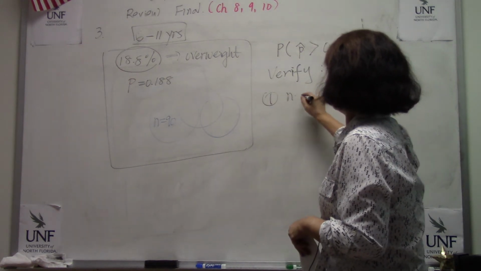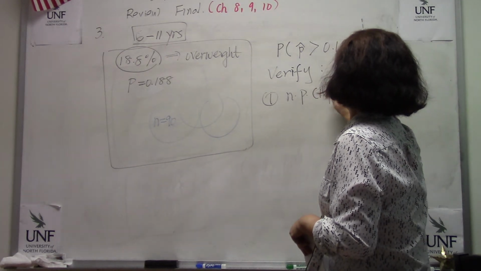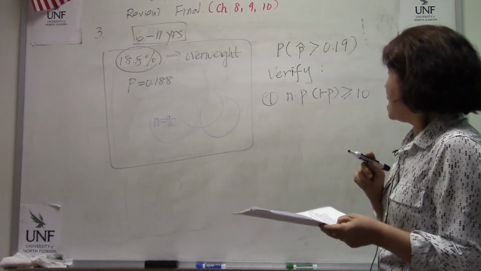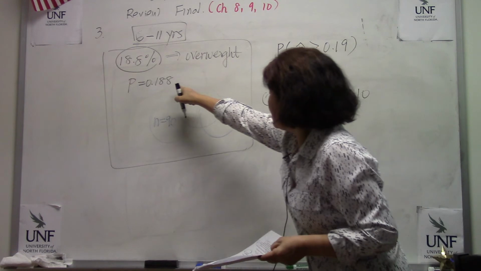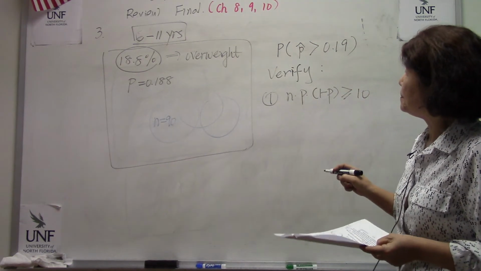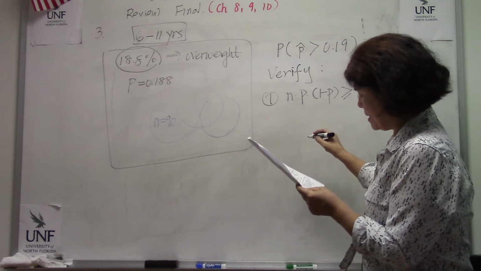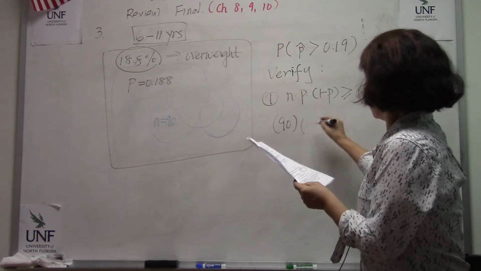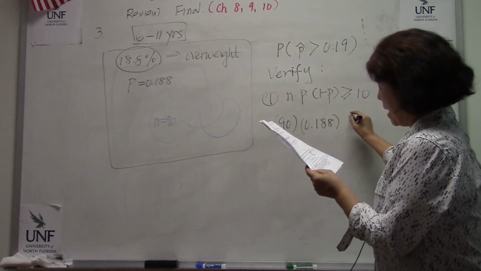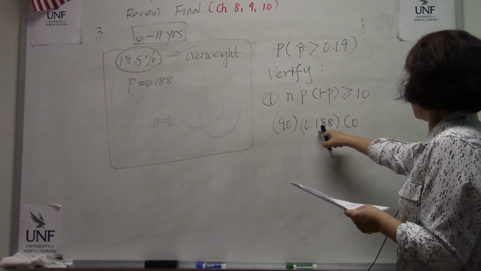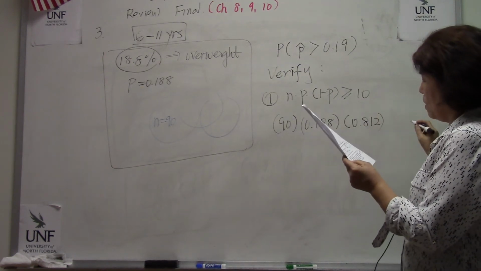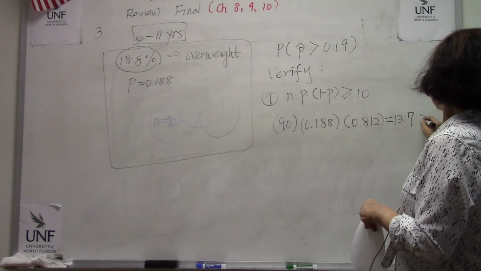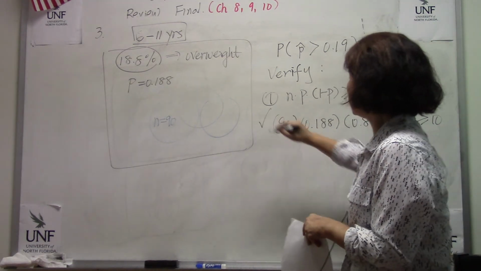First, n times p times 1 minus p is greater than or equal to 10. Our n is 90, p is 0.188, and 1 minus p is 0.812. Once you multiply, you get 13.7, which is greater than or equal to 10. So the first one is satisfied.